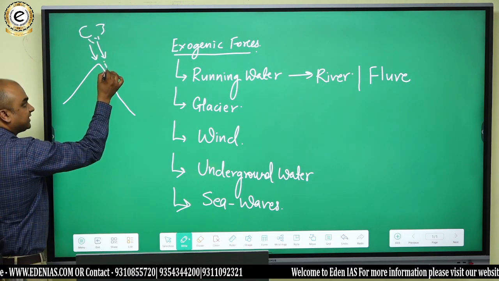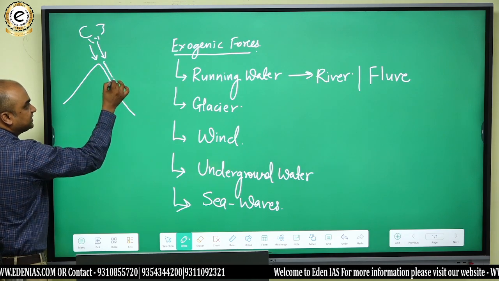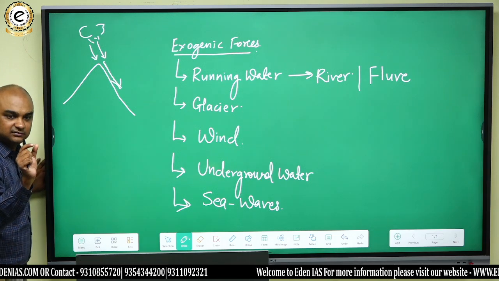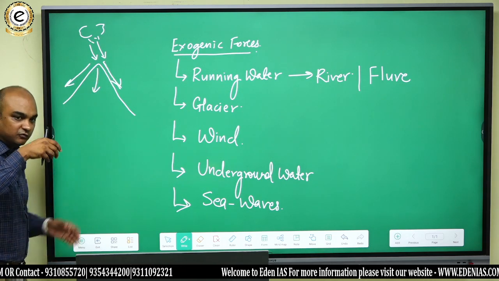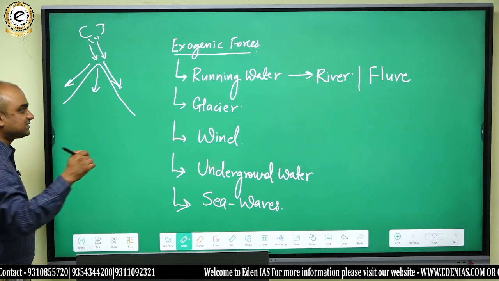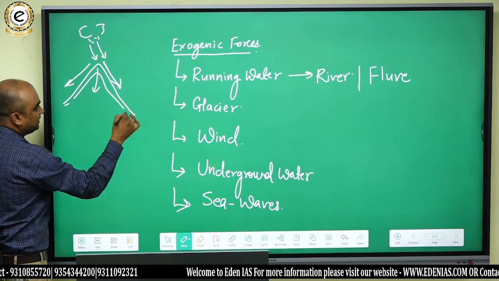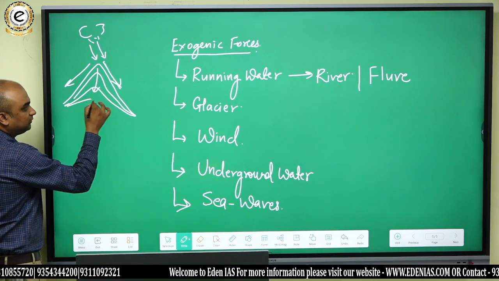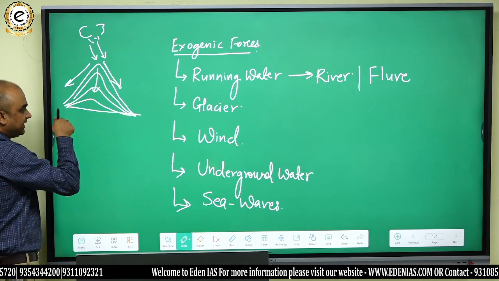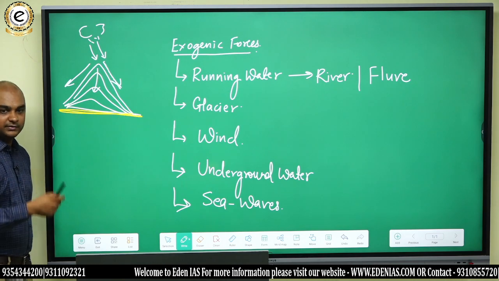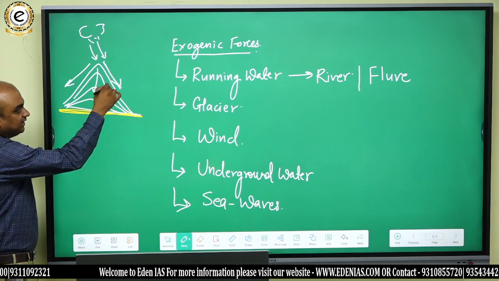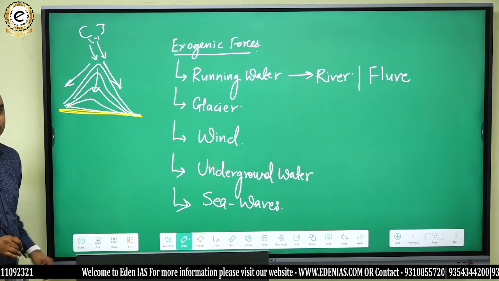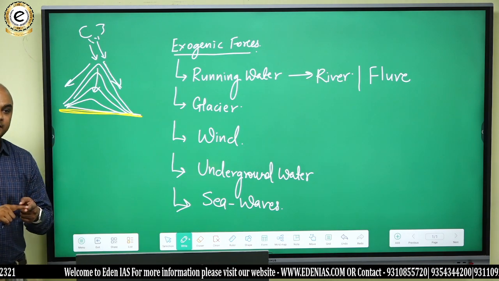So if there is rainfall, you can understand that it would generate some streamlets, small streams. Now if these streams start moving across the slopes, with time you can understand they would destroy the landform and they would create a plane surface, because exogenetic forces are what? Levelers.